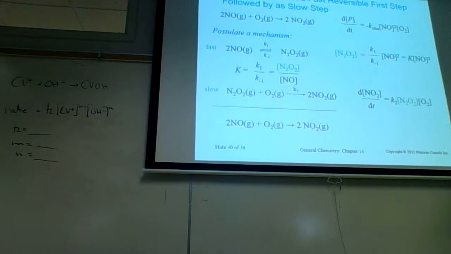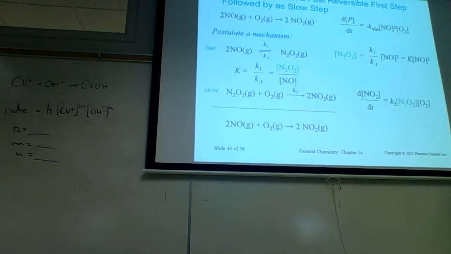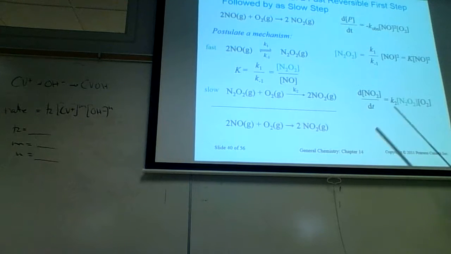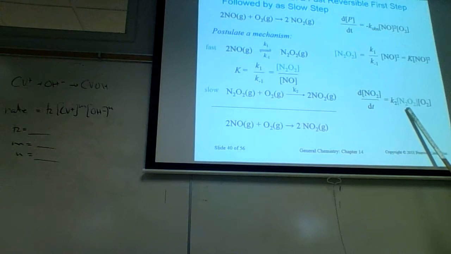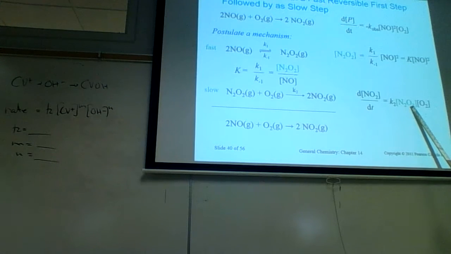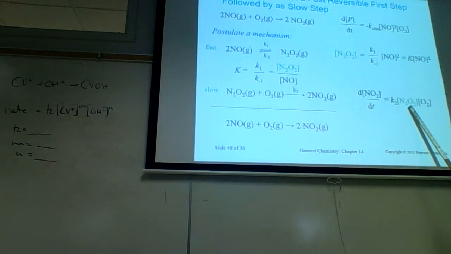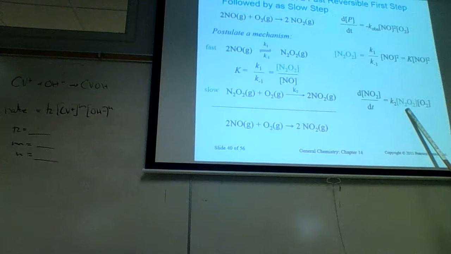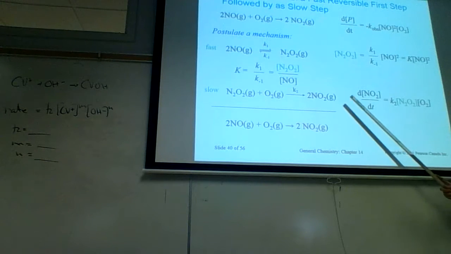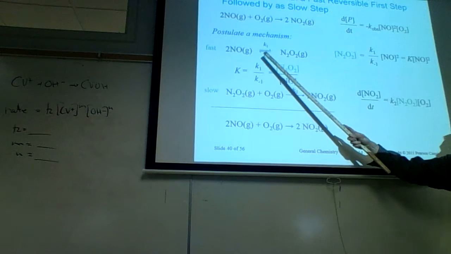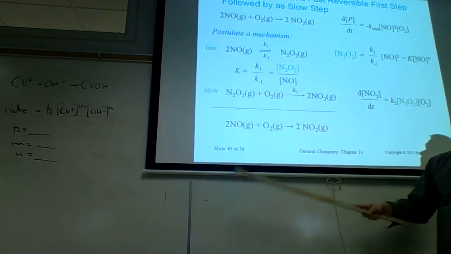But what you have to know is this turns out to be right. What you have to know is that intermediates aren't allowed in the rate law. What we want are just the reactants. And so this N2O2, we have to get rid of that. Well, there are two ways. When we have a second slow step, we have two possibilities for the first step.